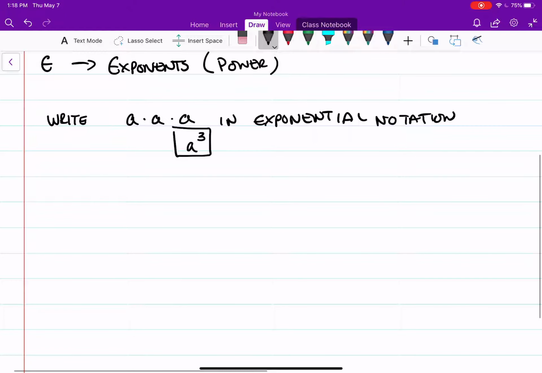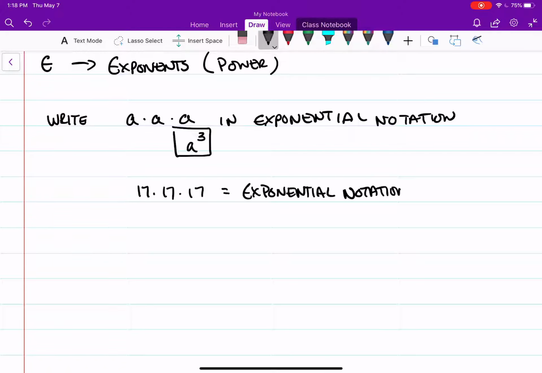So it might even tell you to do the same thing with 17 times 17 times 17. Well, exponential notation would be 17 to the third power.